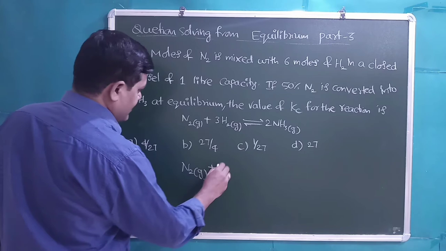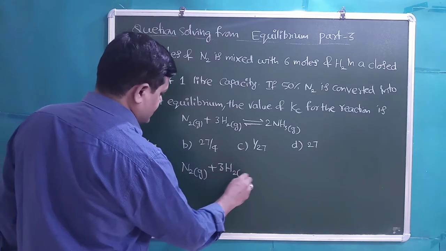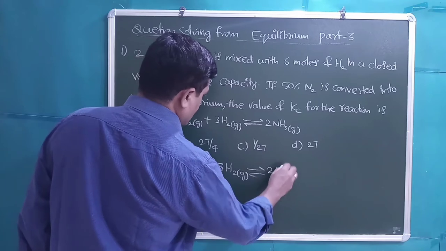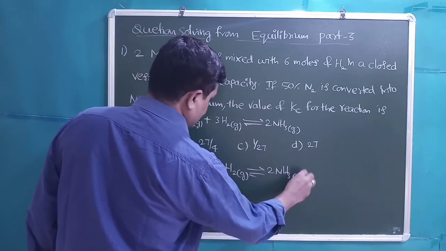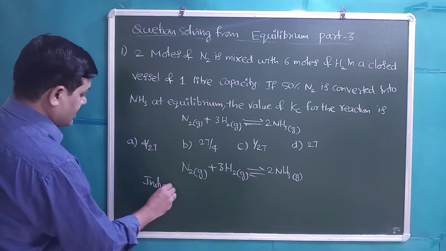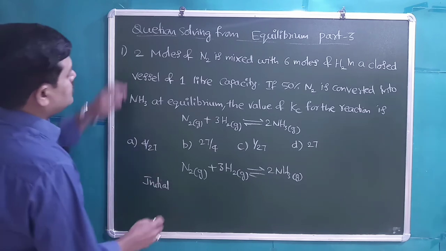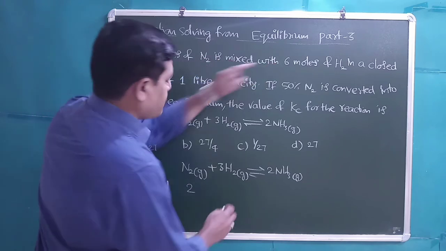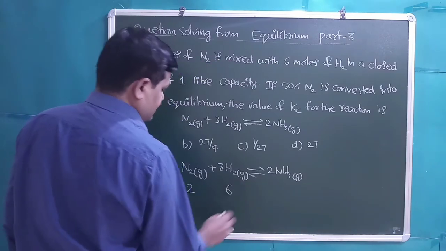N2 gas plus 3H2 gas, which gives rise to 2NH3 gas. Initial moles: 2 moles of N2 gas is present and 6 moles of H2 gas is present.